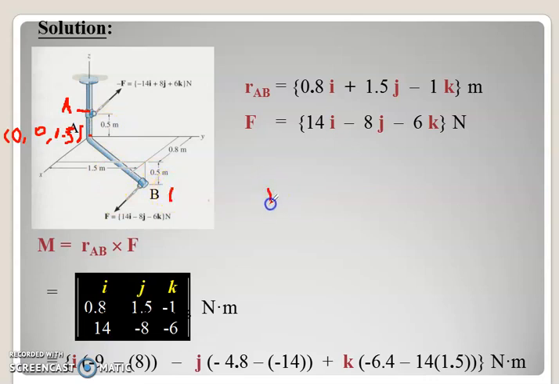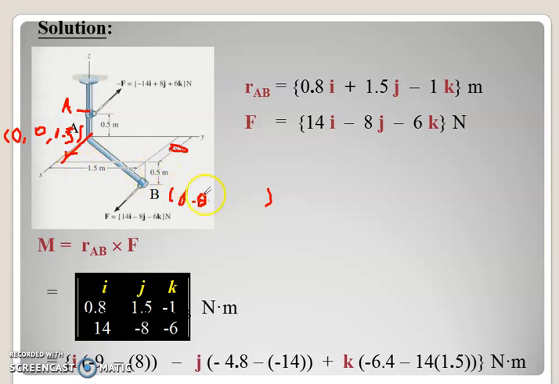And then the coordinate of B. Your X is how much? From 0 to here. This is your point B. So from here to here is 0.8. I'm using a mouse, so it's difficult to write.